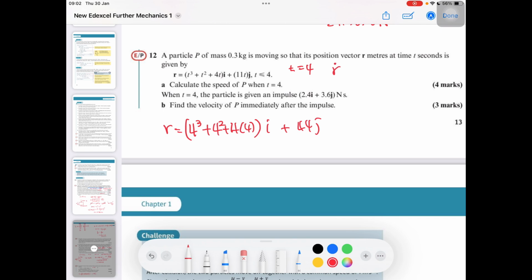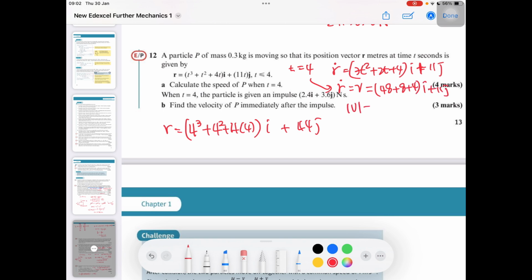So let's find the velocity vector. So 3t squared, 2t plus 4, i plus 11j. So when we put t equals 4, then velocity equals 48 plus 8 plus 4, i plus 11j, so 60i plus 11j.